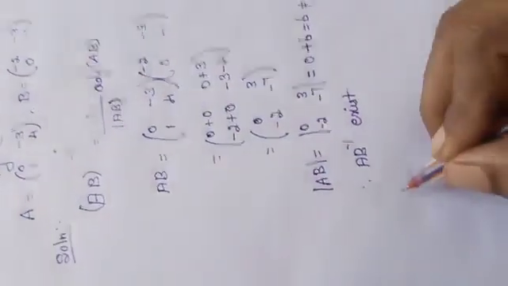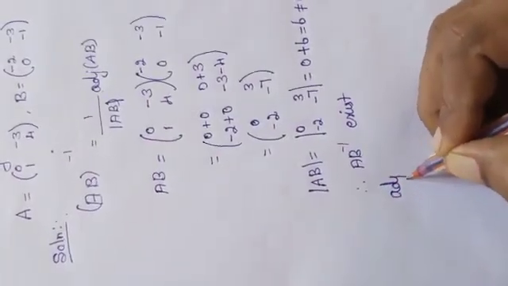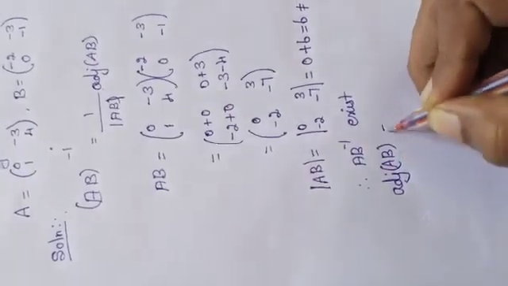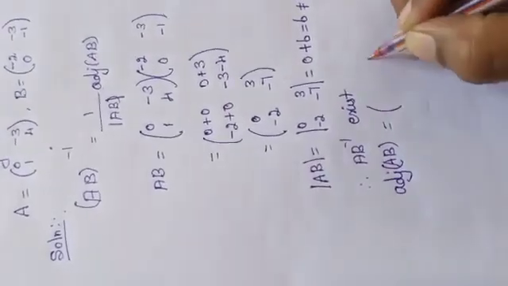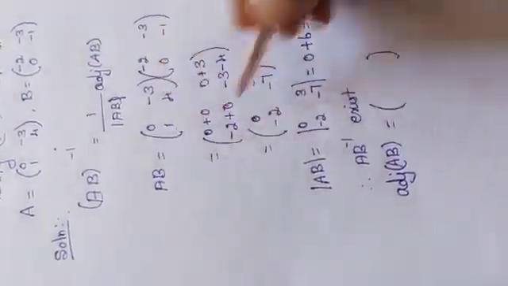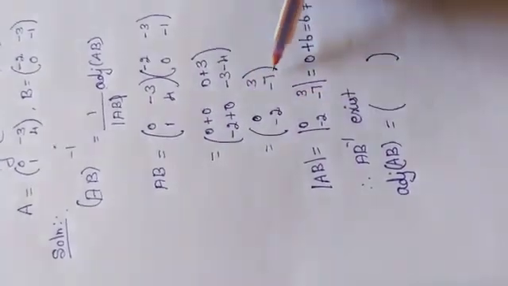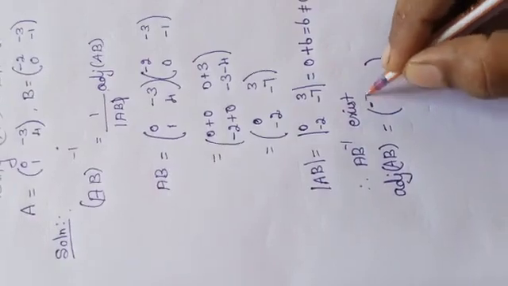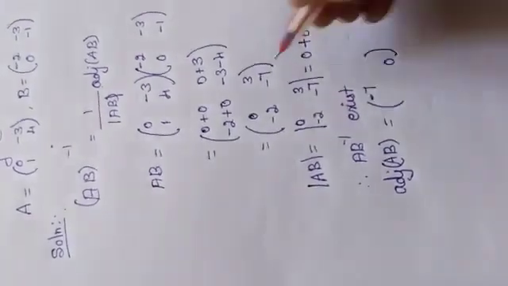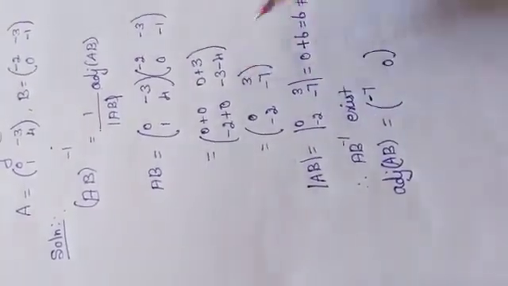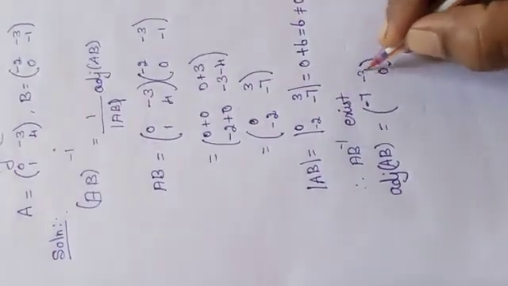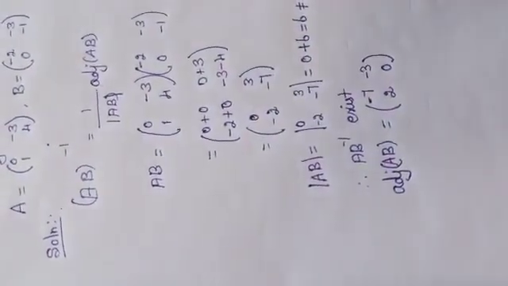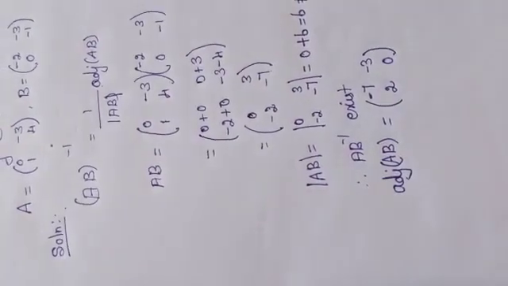Okay. Now, since it is a 2 by 2 matrix, directly we can write the adjoint of AB. See, this is AB. What we have to do? Exchange the main diagonal. So, 0 and minus 7 will become minus 7, 0. Here, just change the sign. Plus 3 means minus 3, minus 2 means plus 2. Isn't it? Now what we should do?